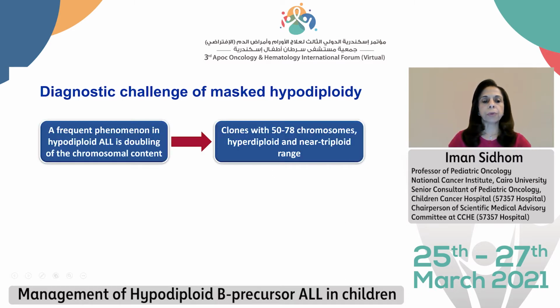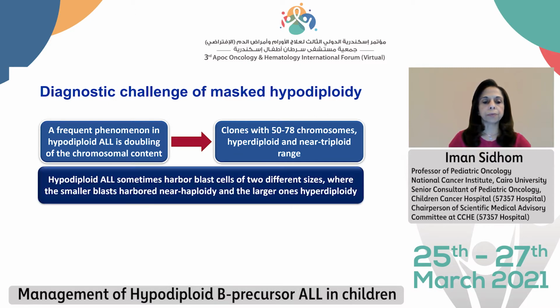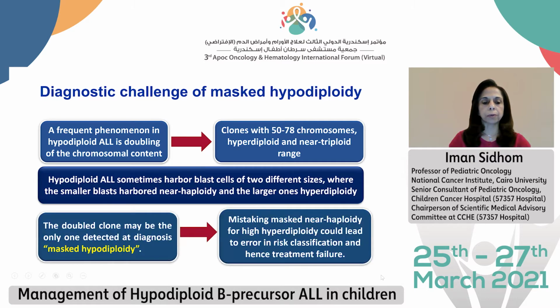A frequent phenomenon in hypodiploid ALL is doubling of the chromosome content, resulting in clones with 50 to 78 chromosomes in the hyperdiploid and near triploid range. Hypodiploid ALL sometimes harbor blast cells of two different sizes, where the smaller blast harbored near haploidy and the larger ones high hyperdiploidy.